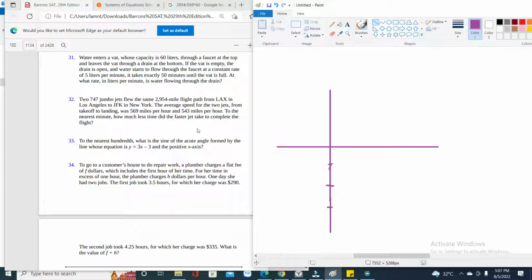And when x equals 1, y is going to be 0, right? So we're going to go through those 2 points.